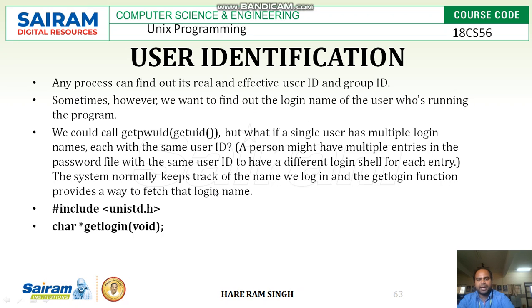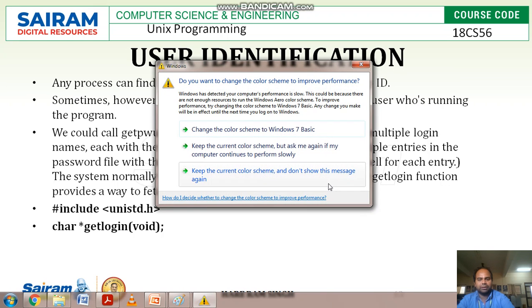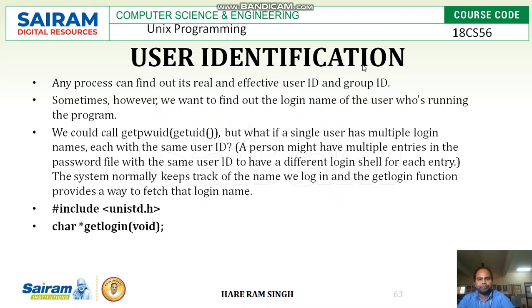So the system normally keeps track of the name we log in with, and the getlogin function provides a way to fetch that login name. Every system in which Unix is running keeps a record of the login name with which we log in.